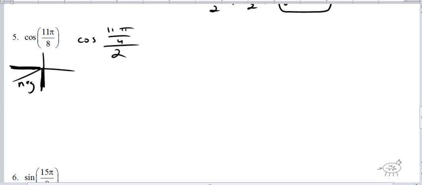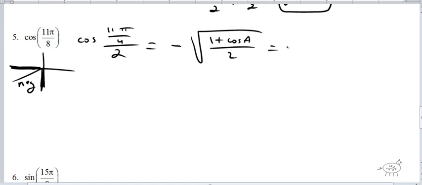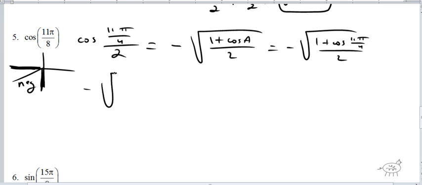It's negative. So your plus or minus means negative square root of 1 plus cosine of a over 2. So it's negative square root of 1 plus cosine of a, which is 11 pi over 4, over 2. So a little bit of work here.